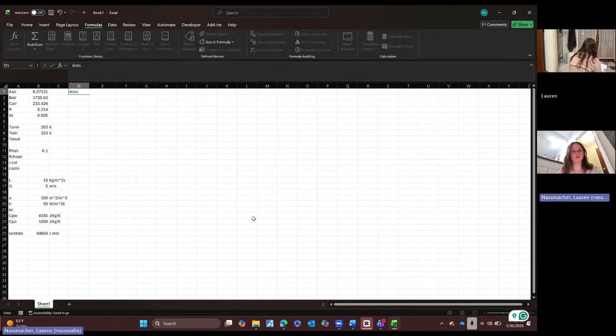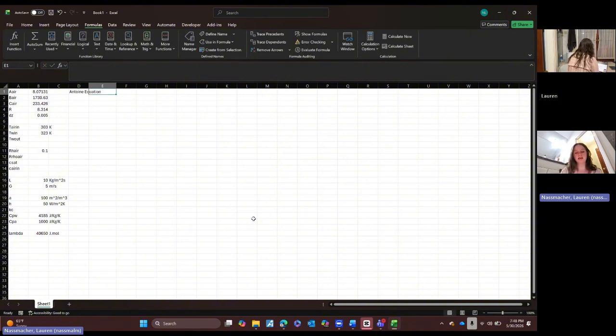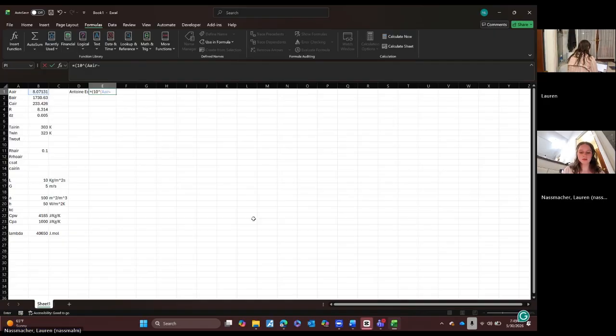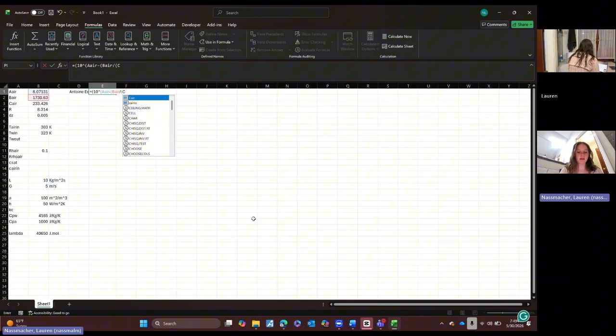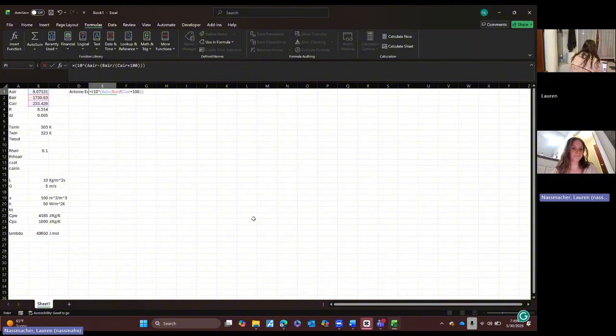So the first thing we want to do is create a baseline. So we're going to use the Antoine equation, which is 10 to the power of A air minus B air divided by C air plus 100 degrees Celsius. That's what we're going to start with.